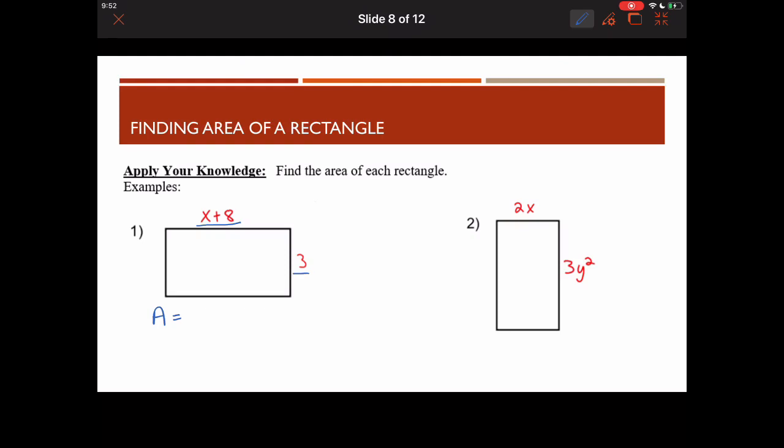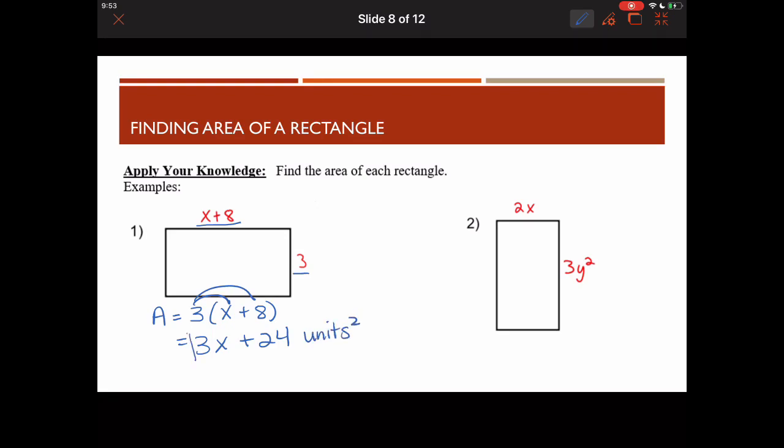I would multiply the two together to find the area. So I'm going to multiply 3 times x plus 8. But notice I put the x plus 8 in parentheses, because I'm multiplying 3 times that whole thing. So I have to distribute this 3. So this ends up being 3x plus 24, right? But then I need units squared. So final answer, there you go.